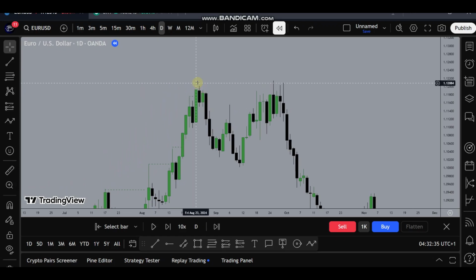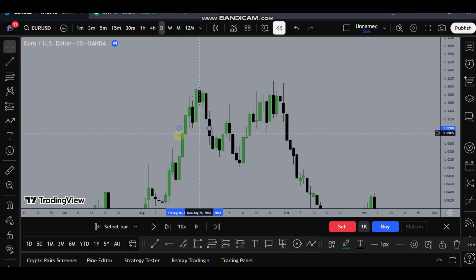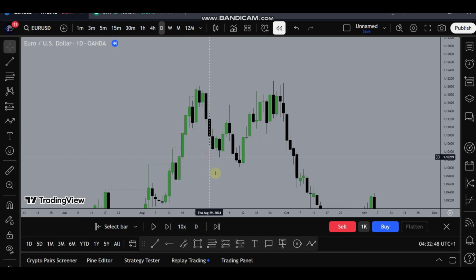So between this high and this high, where is the lowest low? Here. So this is where price made a change of character and a shift in order flow. This is where price made a change of character and a shift in order flow.